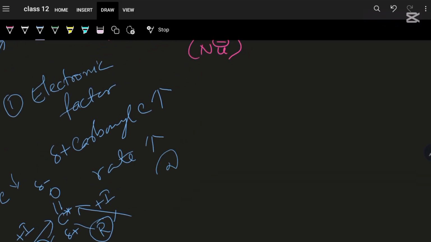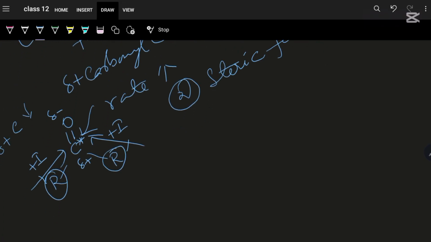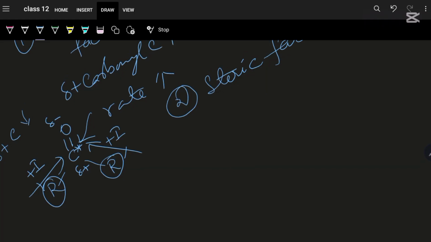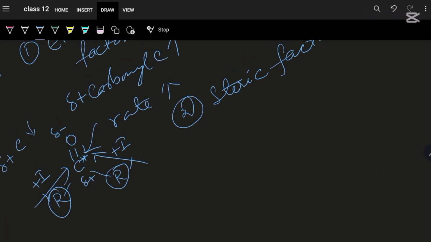The second factor is the steric factor, that is, steric hindrance to nucleophilic attack. The nucleophile is attacking the electrophilic site, the delta positive carbon, that is the carbonyl carbon. So if we consider ketone, it has alkyl groups, minimum one carbon atom, methyl also, which produces greater steric hindrance in comparison to aldehyde.